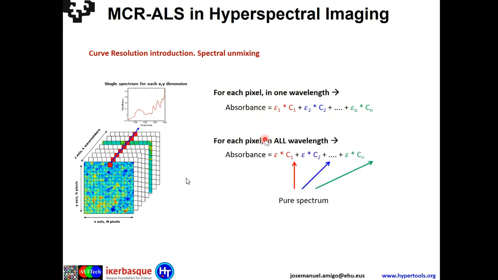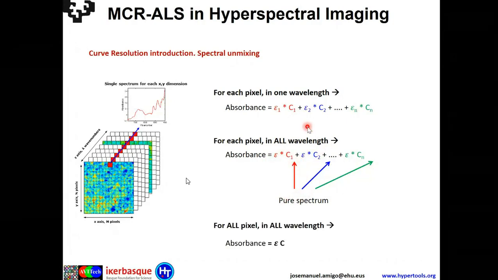For each pixel in all the wavelengths, we can still postulate the equation that we already know, in the sense that now we will obtain the pure spectrum, okay? And for all pixels in all the wavelengths, again the same model.